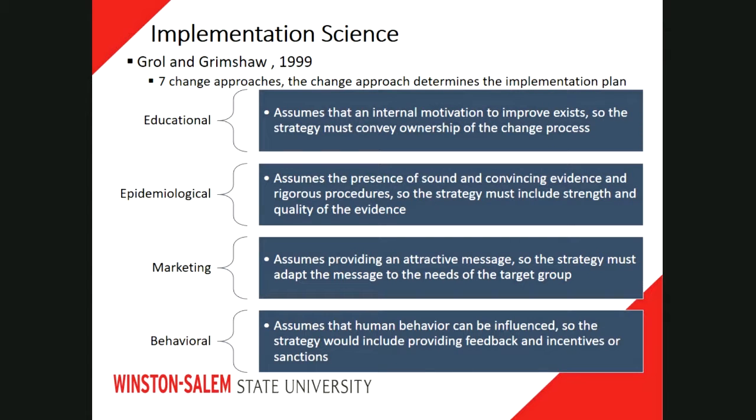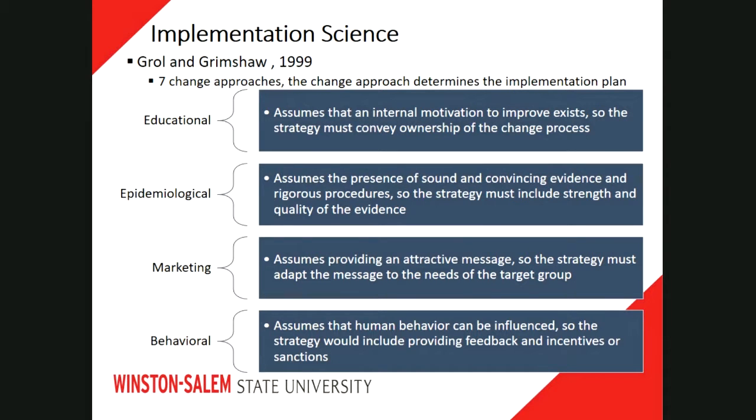Another theory is Grol and Grimshaw, and they speak to the need to understand or consider the approach, because that determines the implementation plan. And so I think this also goes back to considering the environment. If you're dealing with a change approach in an educational environment, you may need to assume that there's internal motivation to improve.